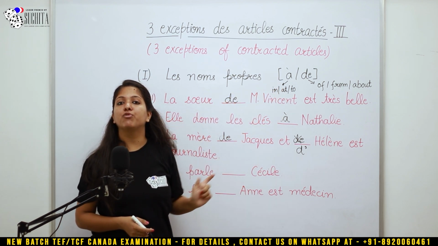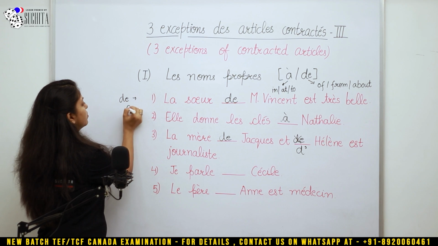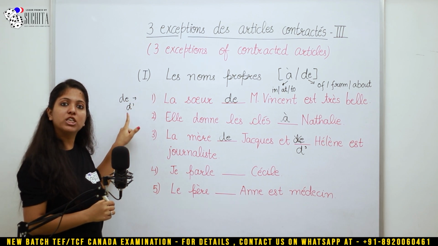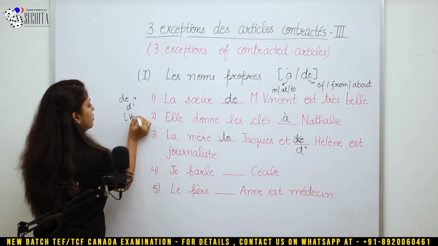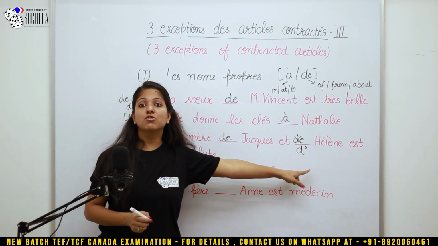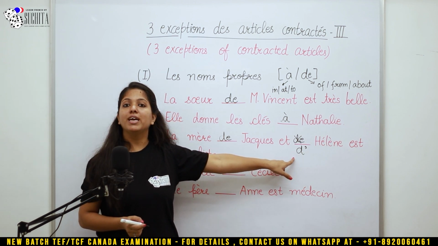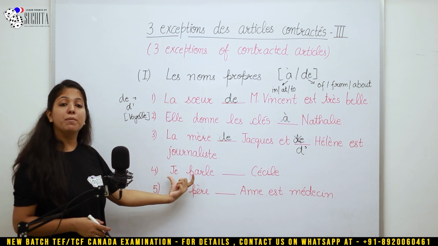À remains the same even if you have a vowel after it. So I can say de will change into d' if you have a vowel after it. Hélène begins with a mute letter H, so that is why it is going to be d'.